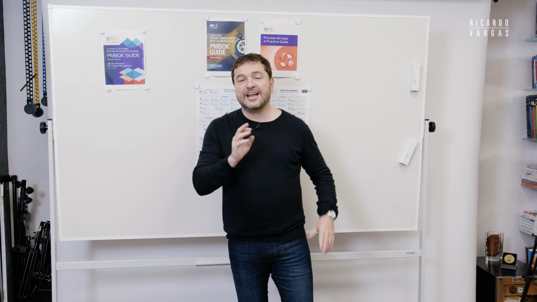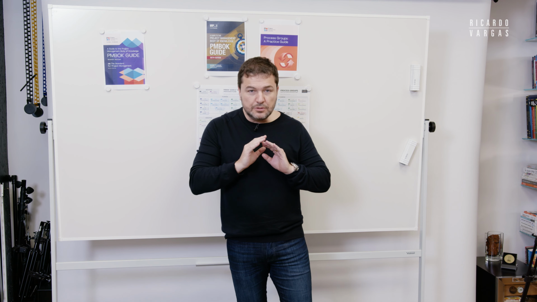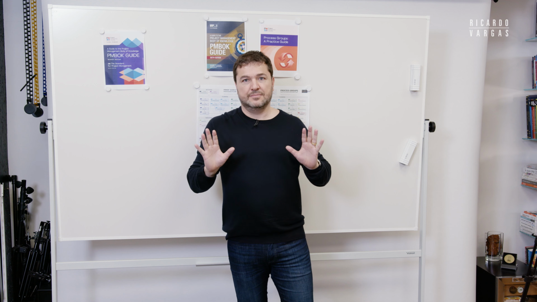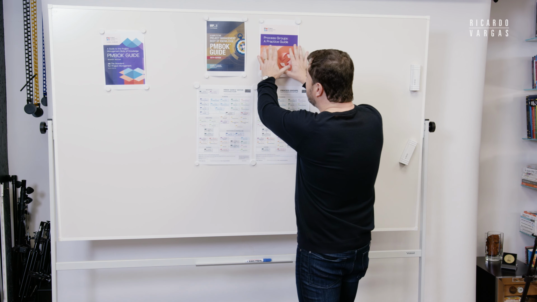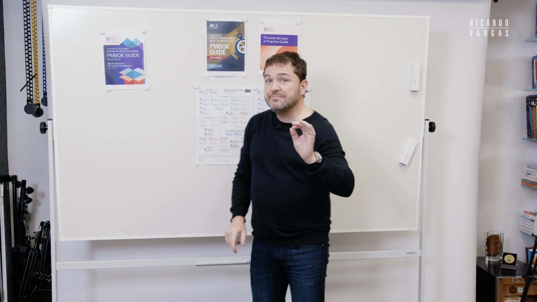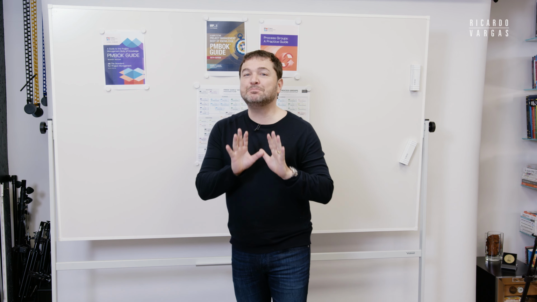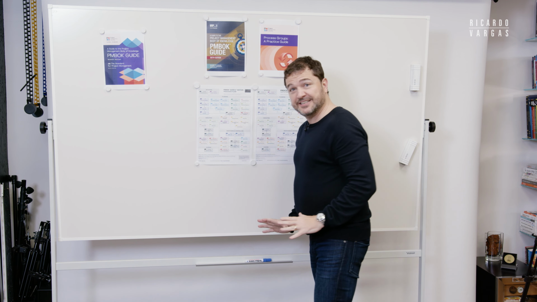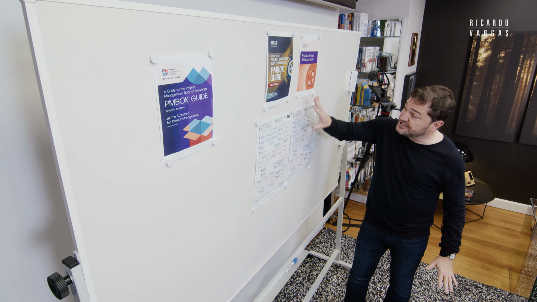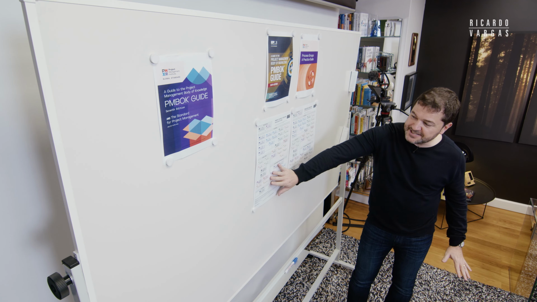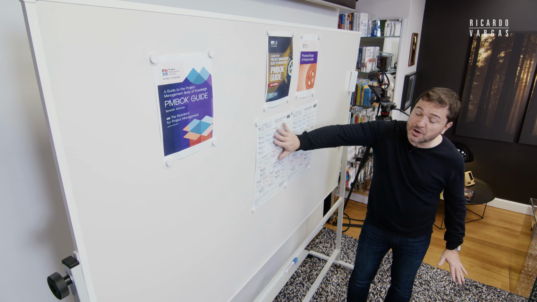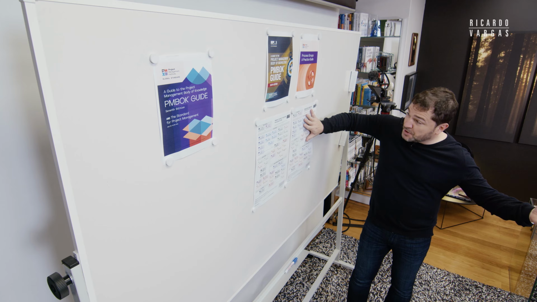The video that I created for the PMBOK 6 is absolutely the same. It's basically the same content here with some wonderful improvements. And let me explain what these improvements are. In order to explain this, I prepared these two pieces of information: the process flow and the process group.